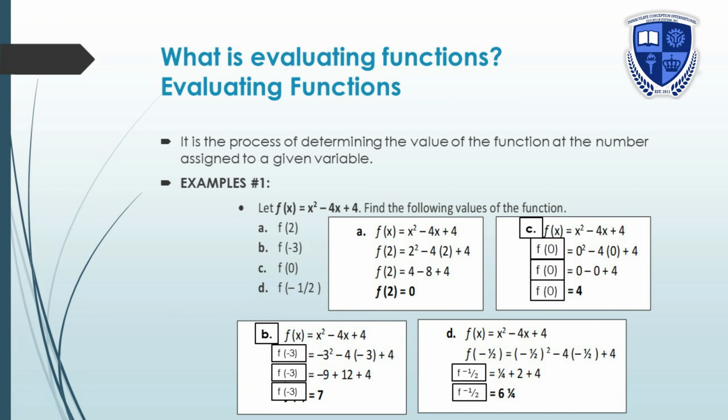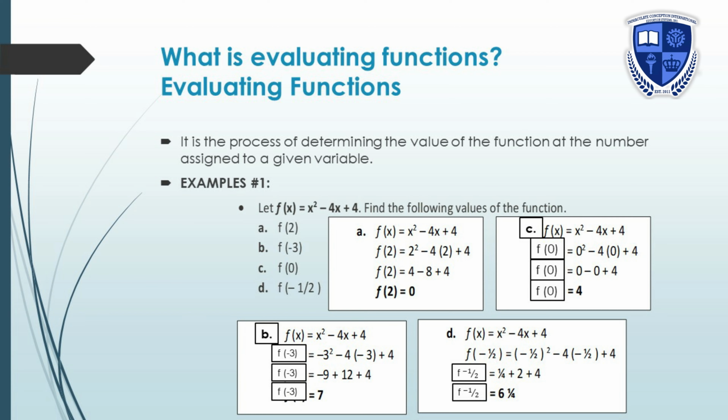So let's start to evaluate our given. f of x equal x squared minus 4x plus 4. So yan po yung ating given. Now, we substitute the value of x in the given. So sa letter A class, ang value ng ating x ay 2. So now, substitute: 2 squared minus 4 times 2 plus 4.